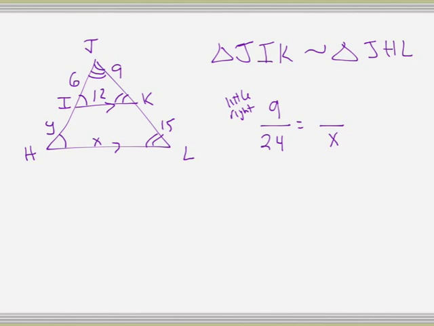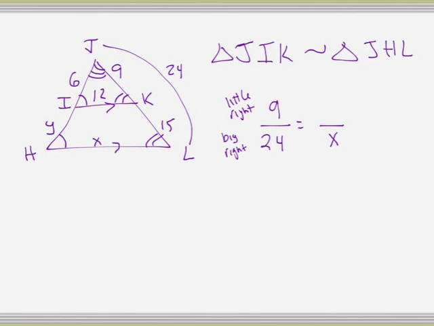Where did that 24 come from? 9 plus 15. 9 plus 15 is 24. So what does that represent then? The big right. It's the big triangle's right-hand side. We always want to be making a comparison of little triangle to big triangle.